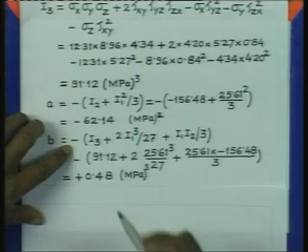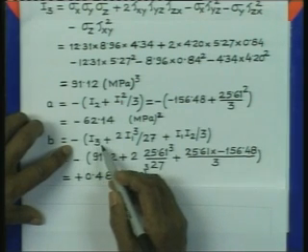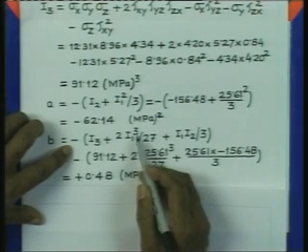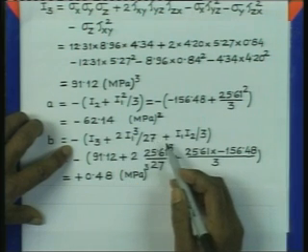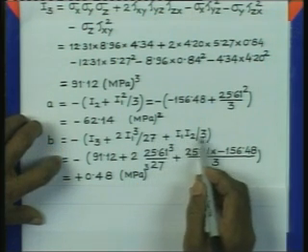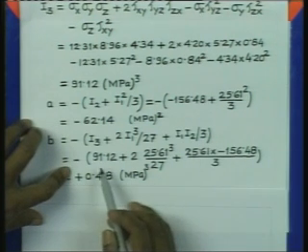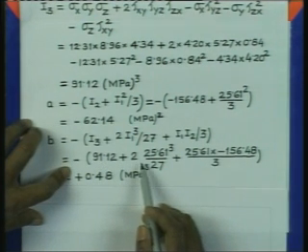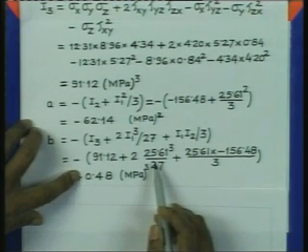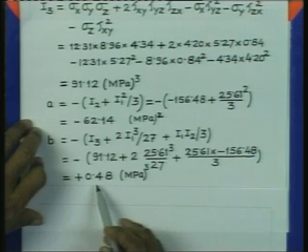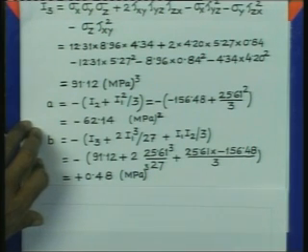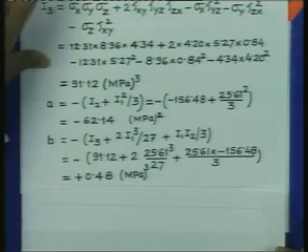Similarly, if we calculate the constant B, which is related to minus I3 plus 2 I1 cube by 27 plus I1 into I2 by 3, and again if we substitute the respective values, we get the simplification to be plus 0.48.